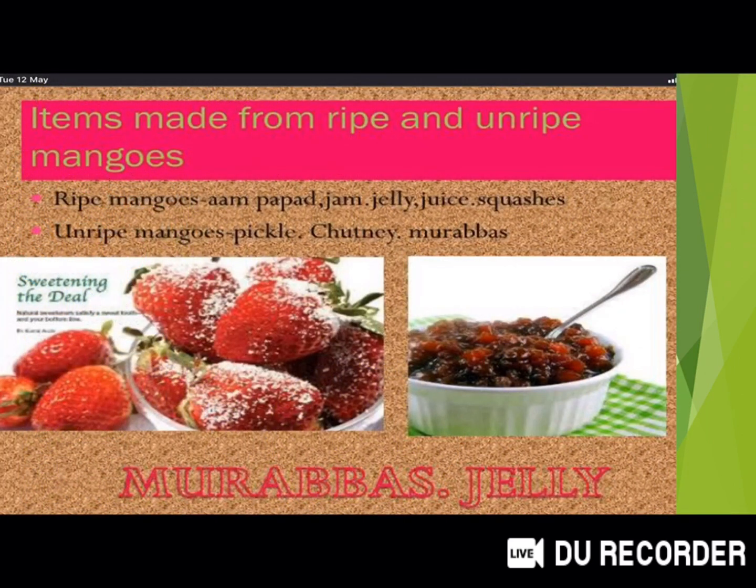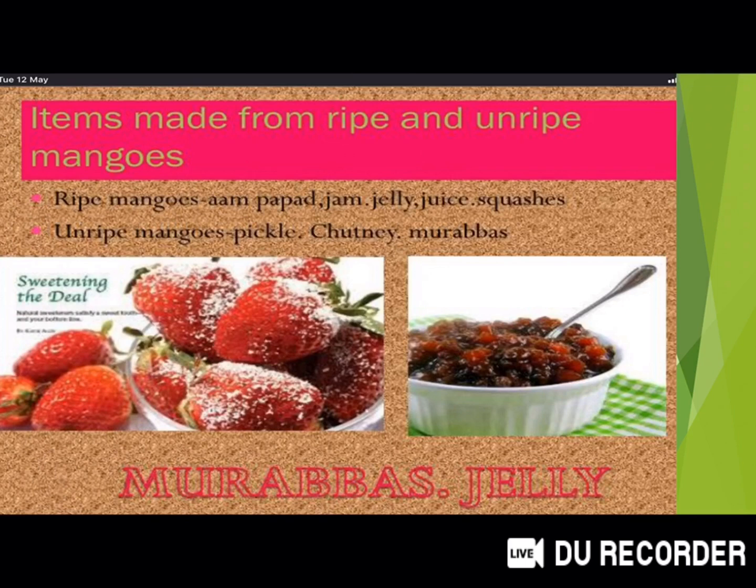Now let us discuss the items made from ripe and unripe mangoes. From ripe mangoes, we can prepare aam papad, jam, jelly, juice, squashes. And from unripe mangoes, pickle, chutney, murabbas, etc.